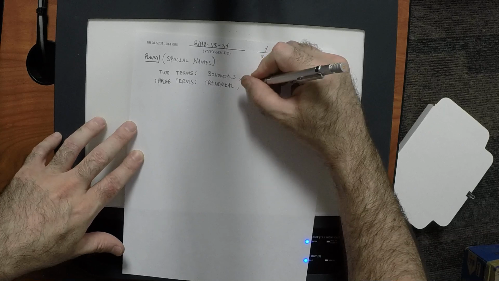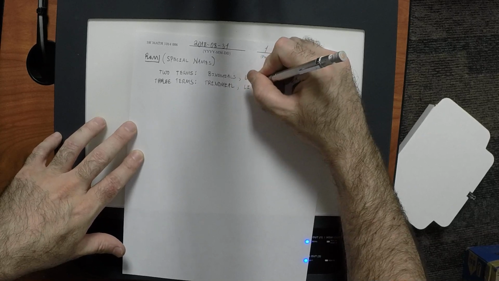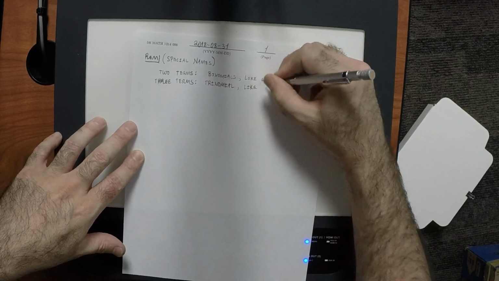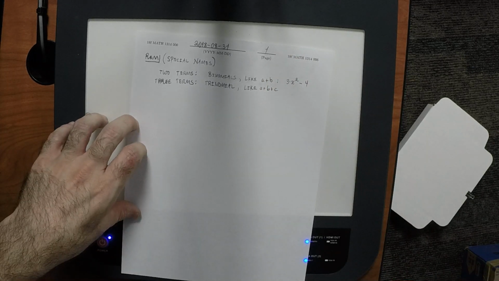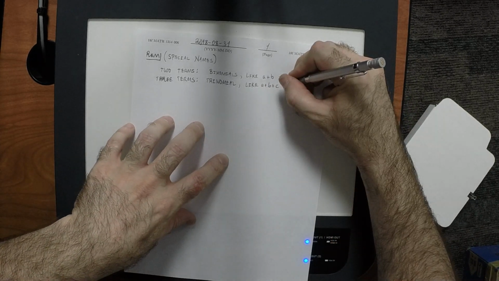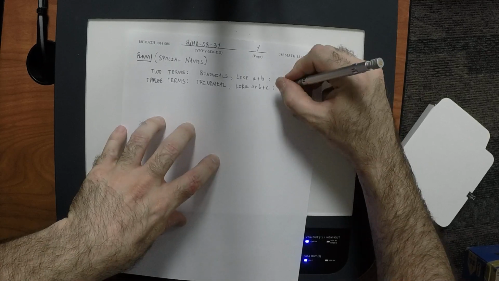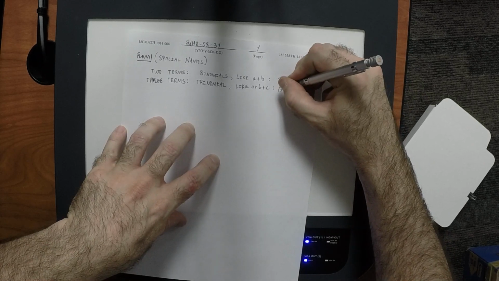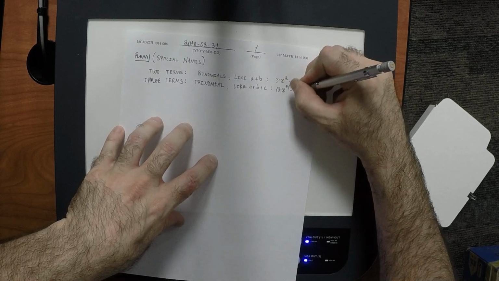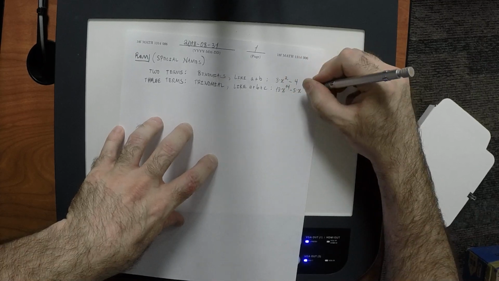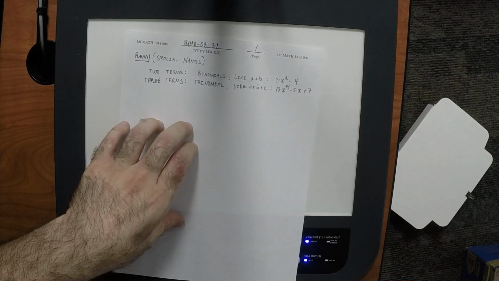So things that are like a plus b plus c. And you can imagine an example. Maybe like 13 times x to the 14 minus 5x plus 7. So there's a trinomial.